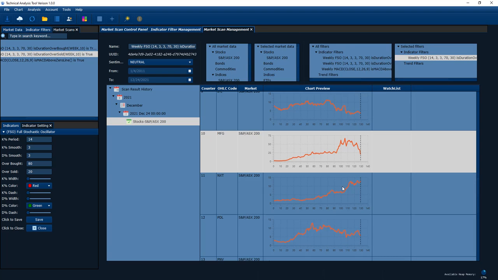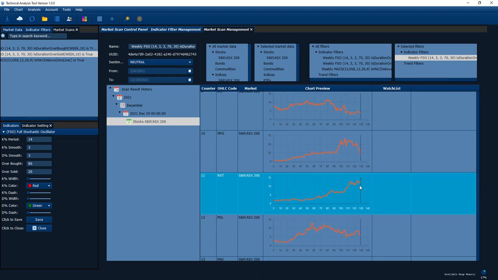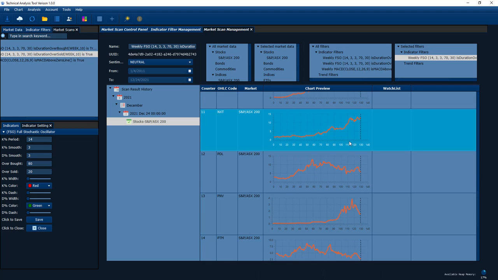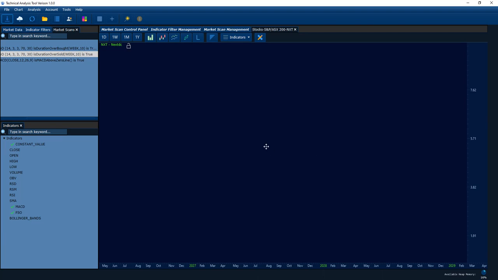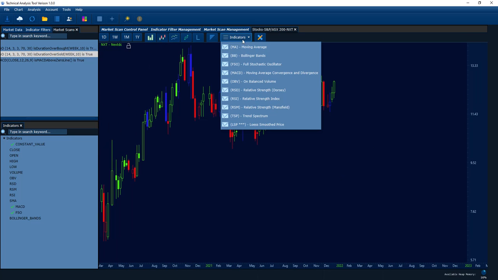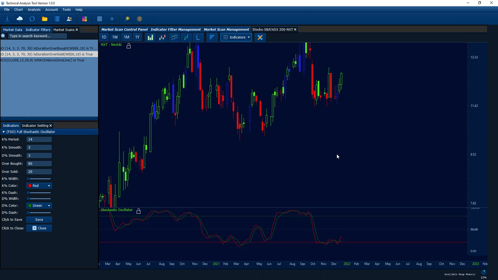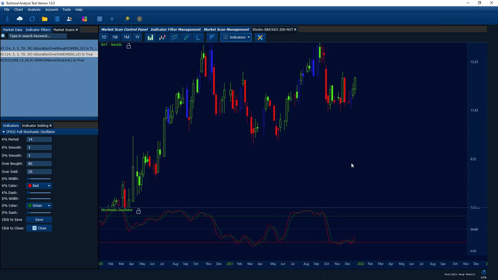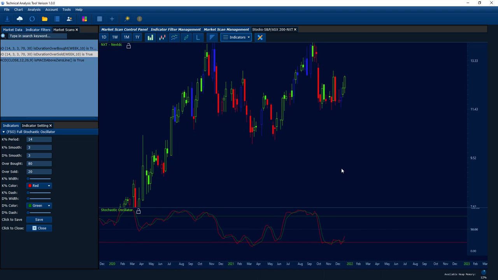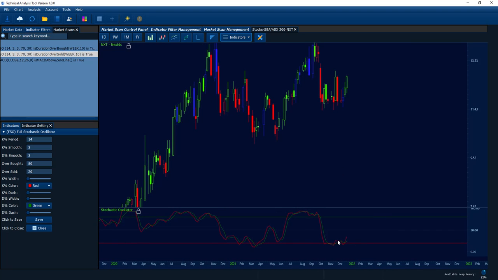Let's take a look at the other one. This one looks like it points up, but somehow it is in our market scan results. Let's take a look at what the indicator looks like. This one looks different because this is 30. Sorry, I should change it to 70 because we're using 70.